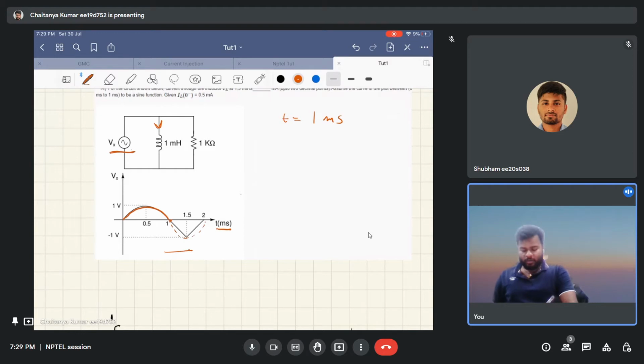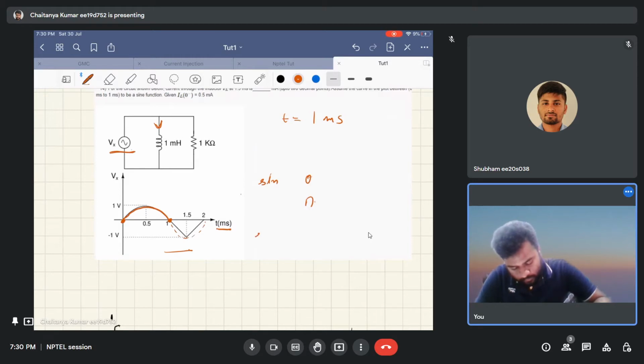You know that sine within one cycle goes to 0 at an argument of 0 and pi. So at t equal to 0 you have sine 0, and at t equal to 1 millisecond you have sine pi, where this again goes to 0.